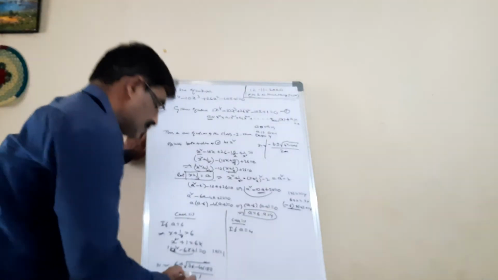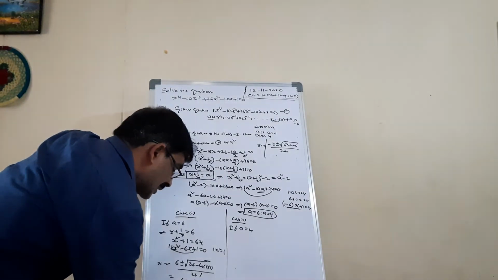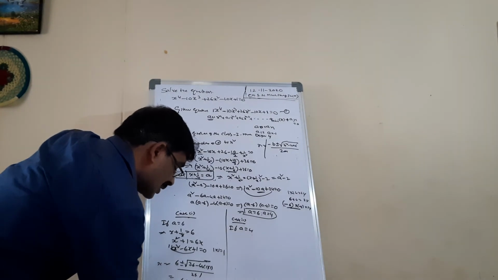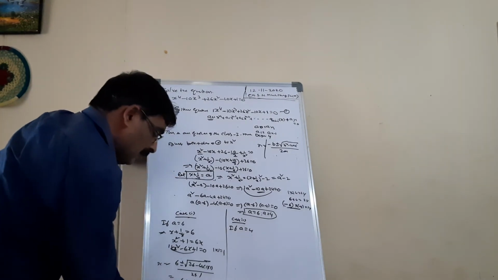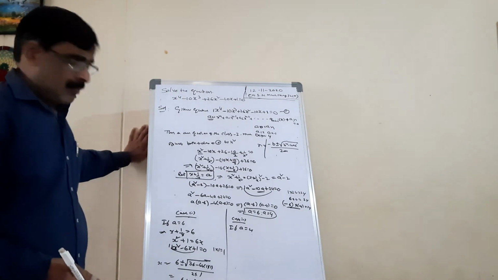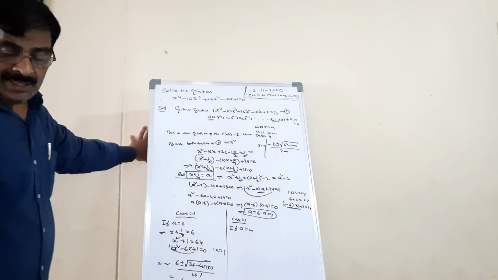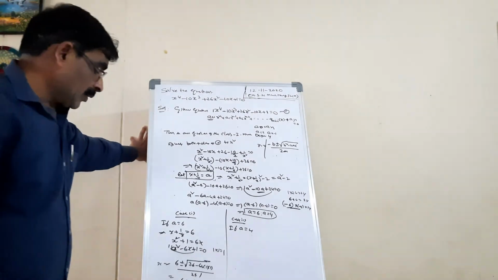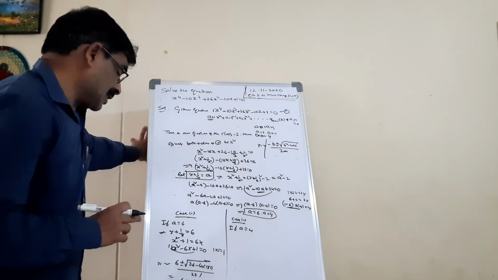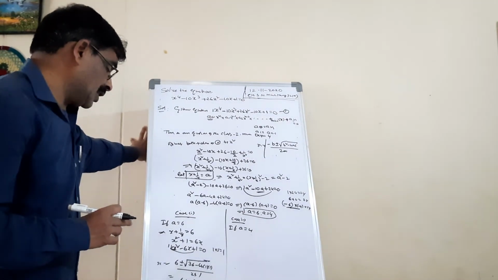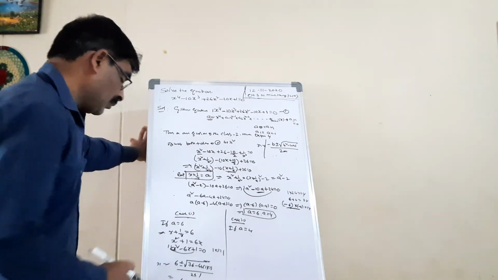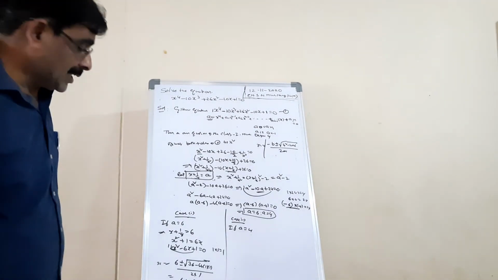Find the roots. This is 6 plus root 32 by 2 or 6 minus root 32 by 2. See students here, what is the under root? We have 32.